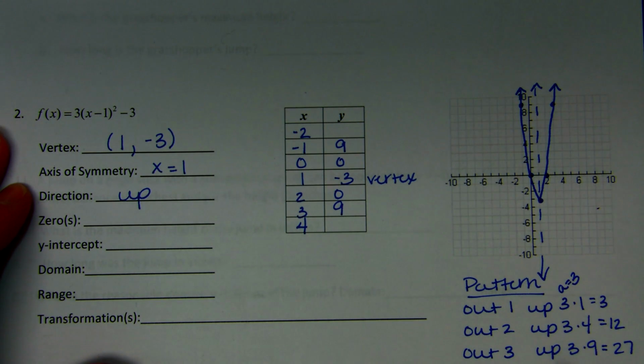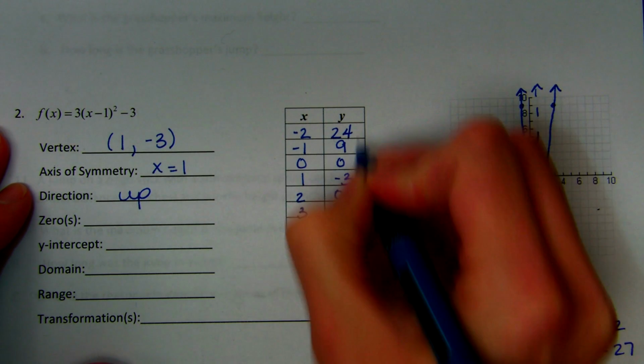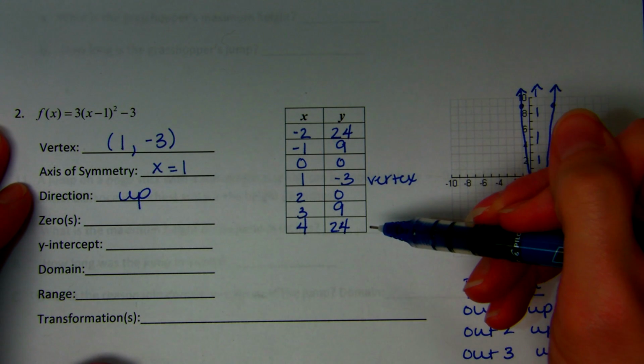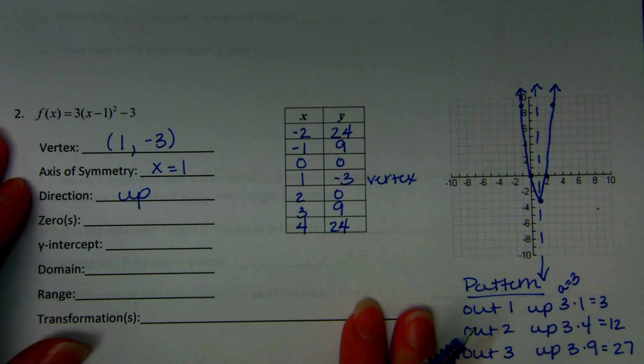And the last set, and again, you can use a calculator to give you the table and give you this information, but the last set is up 27 from the vertex. So if I start at -3 and go up 27, I will be at y equals 24, and that's my last set of points. And again, you can see the symmetry in the table. And that's why we like to put the vertex in the middle of the table.